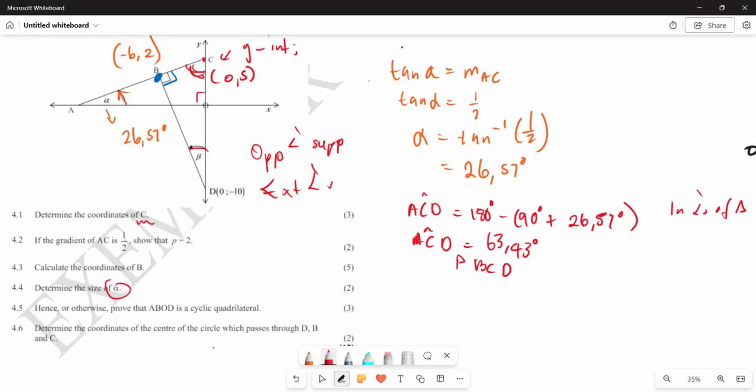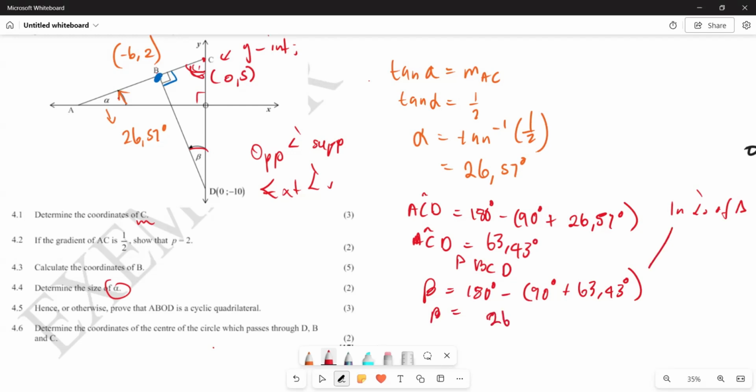To calculate your angle of beta, you're going to say your beta is the same as 180 degrees subtract your 90 degrees plus your angle C here. You already found it to be 63.43 degrees. Can you see that? So therefore, your angle beta is going to be the same as your 26.